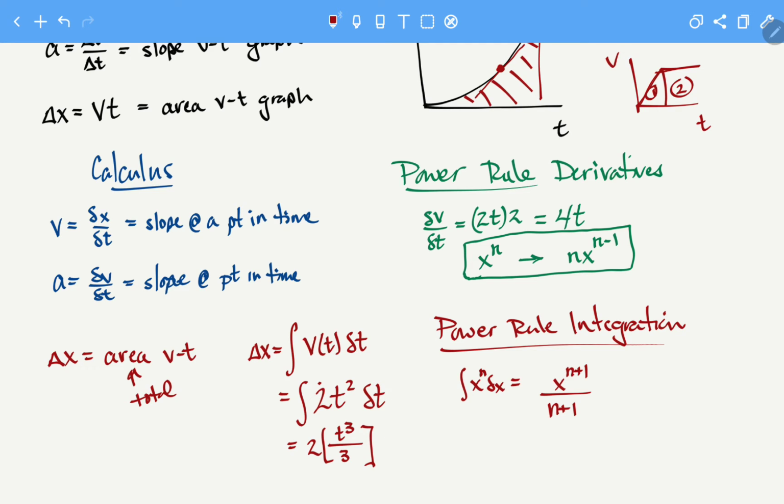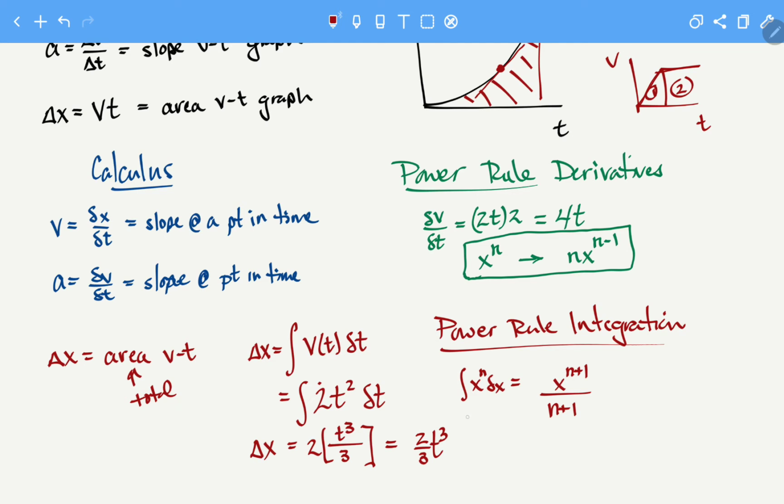That's what gets rid of the dt as well. So my answer is 2/3 t cubed, and that would be equal to your total displacement.